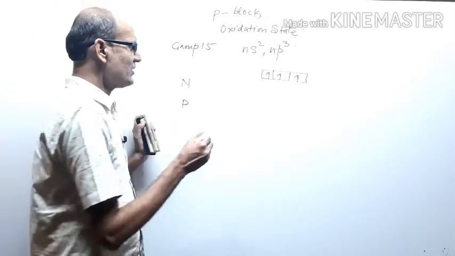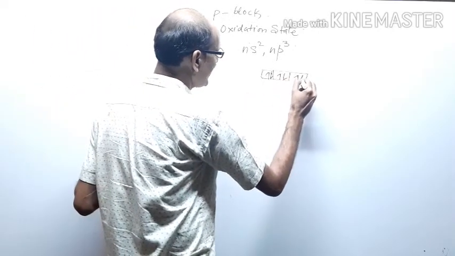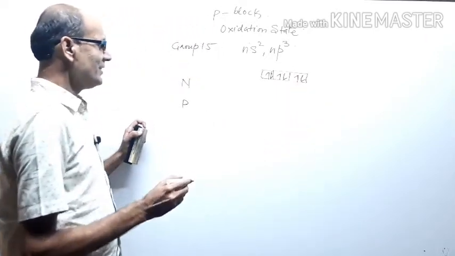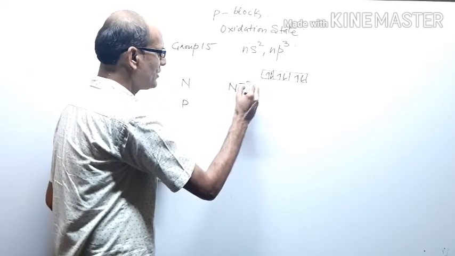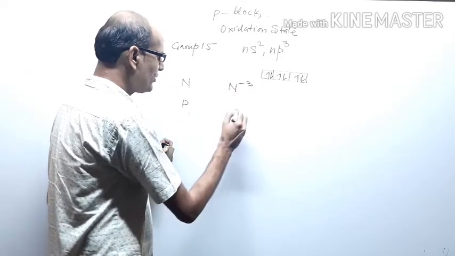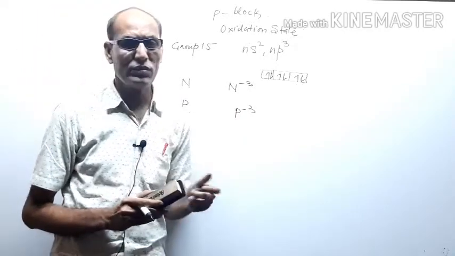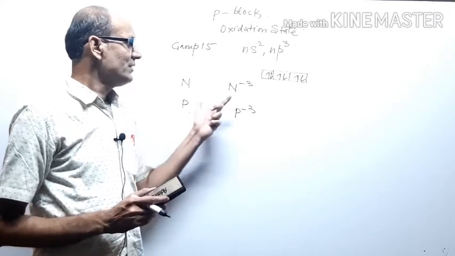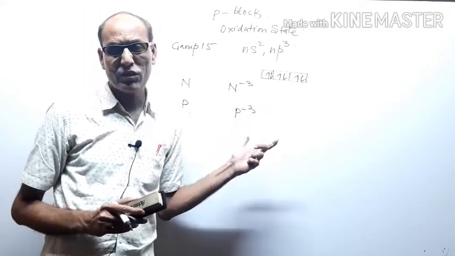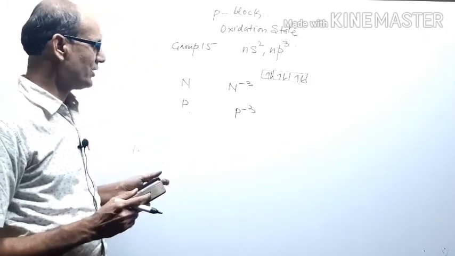They complete their p subshell and form the noble gas configuration. In this way, nitrogen is converted into N3-, while phosphorus becomes P3-. So students, what do you think the oxidation state of the group 15 element is? It is -3.